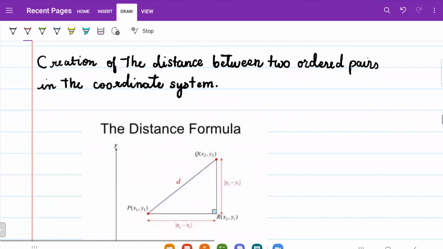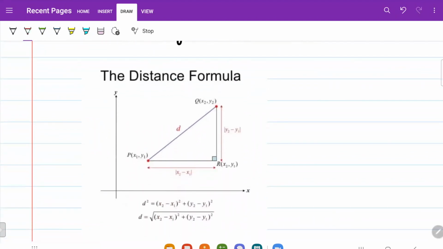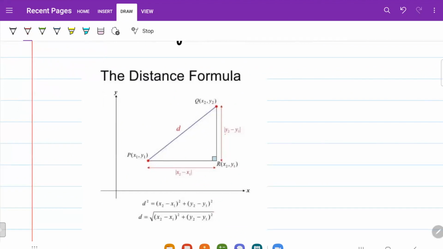We will now go over the derivation of the distance between two ordered pairs in the coordinate system. So here we have the distance formula. As we have discussed before, let us assume this equals A and this is B. We basically want the distance of this hypotenuse here, where this is a right angle triangle, and this would be the square root of A squared plus B squared.